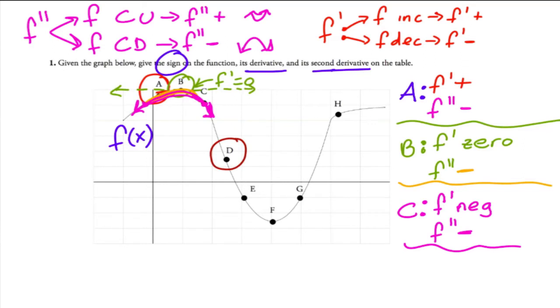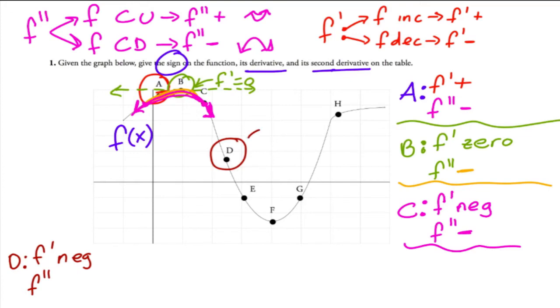Now at point D, however, when we're looking for the first derivative, that one's easy. Since this function is decreasing, the first derivative is going to be negative. However, the second derivative, although it's not completely clear, notice how it's concave down here, but somewhere around this area, we're just going to assume that it's D, this becomes concave up.